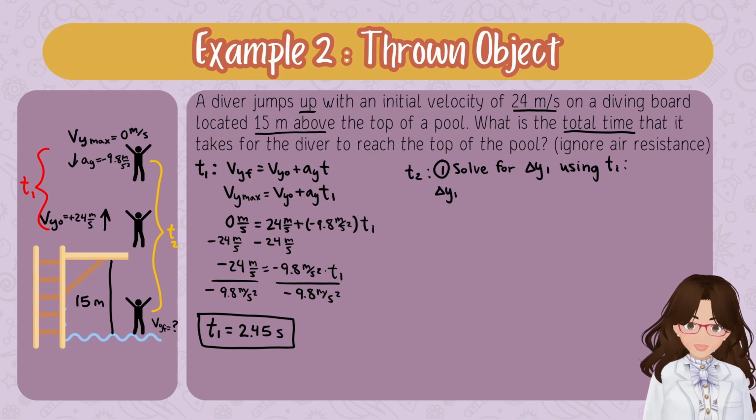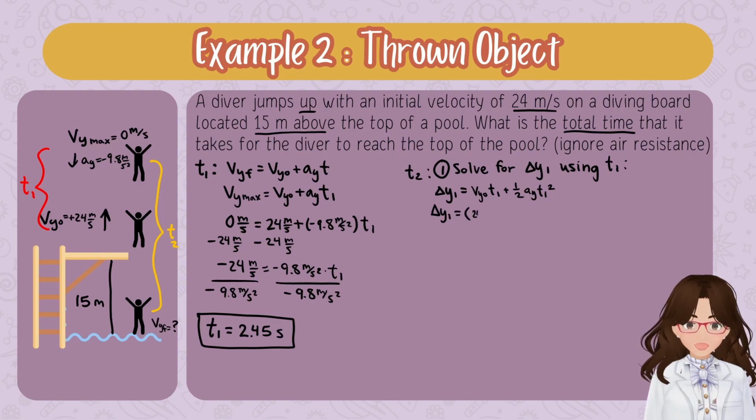That way I know how long it'll take them to make that full path to the top of the pool. So in this case, I'm going to have my Vy initial times T1 plus 1/2 Ay T1 squared. Okay, so in this case, I'm solving for delta y. It's already set up for us.